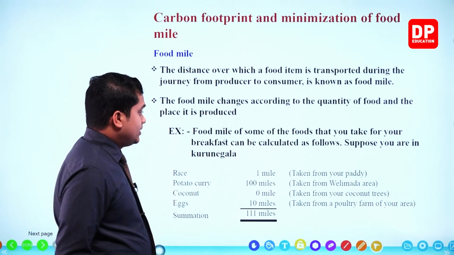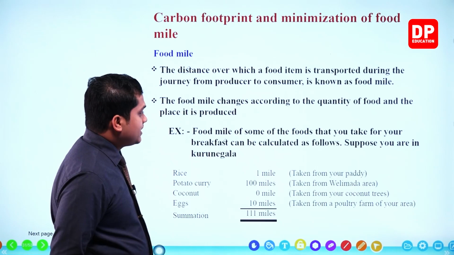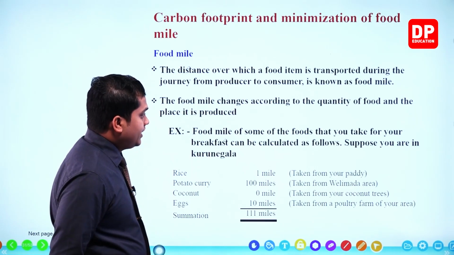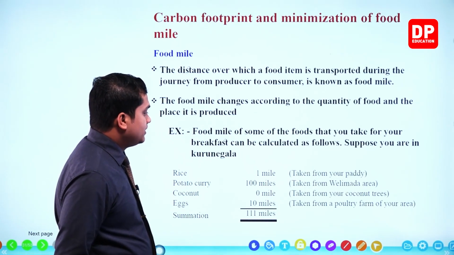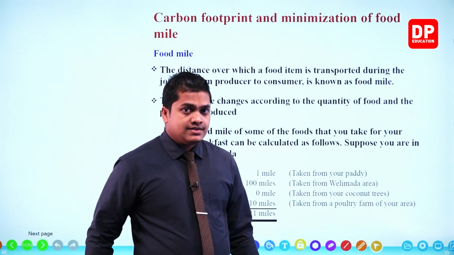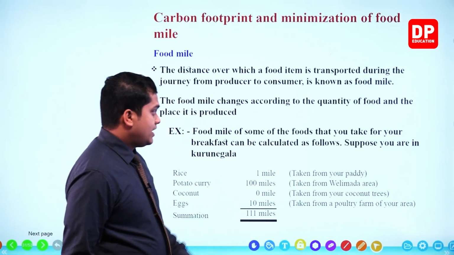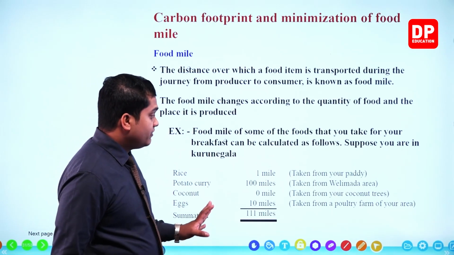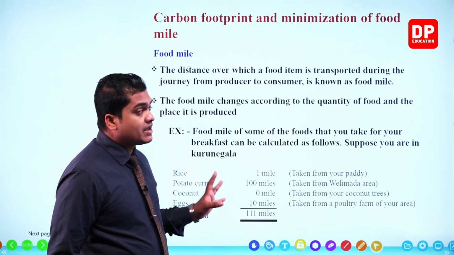Now an example is given here: the food mile of some of the foods that you take for your breakfast can be calculated as follows. Suppose you are in Kurunegala. Now we are going to calculate the food mile for the items taken during our breakfast.